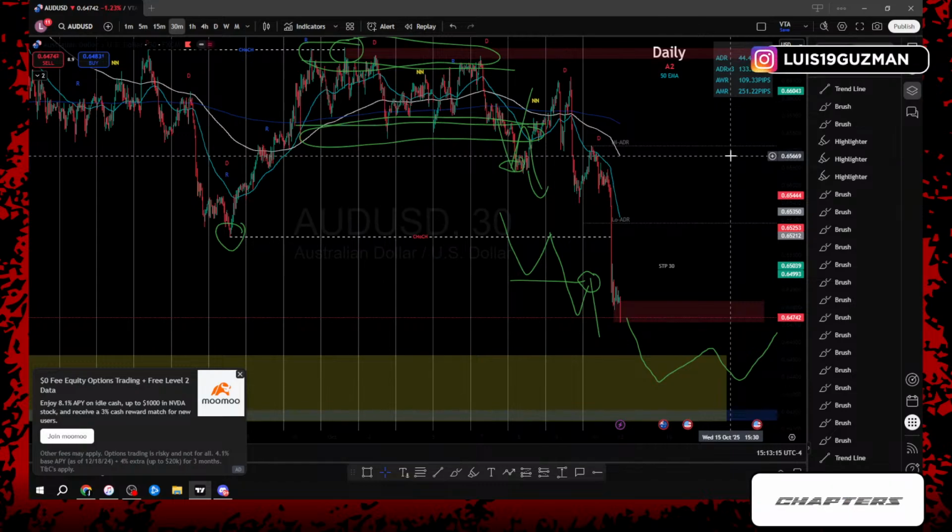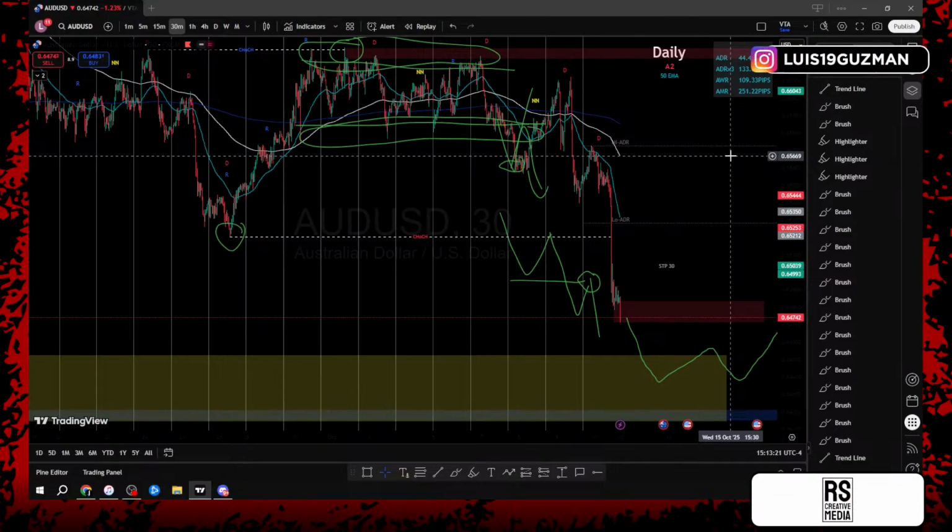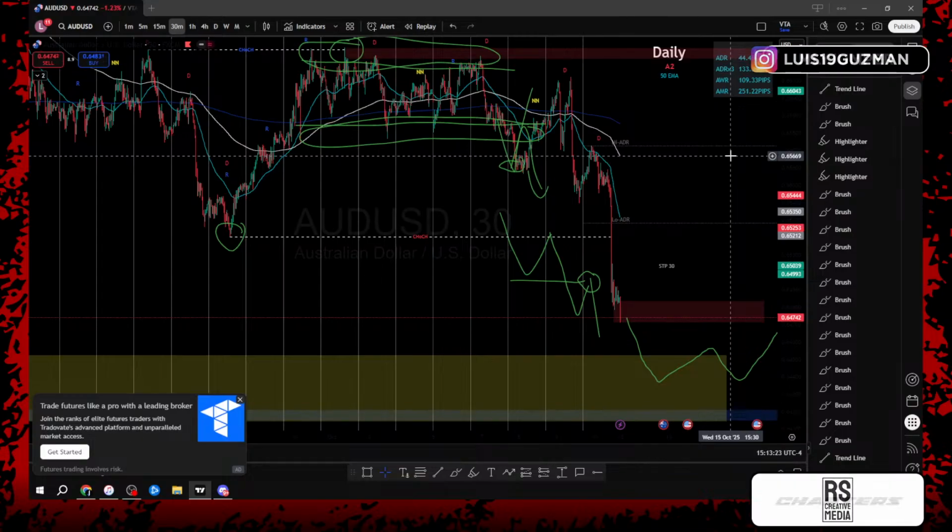And again, every single pair is treated and traded the exact same way. The only difference, some of them are uptrending, some of them are downtrending, some of them are even just in a range, consolidating. That's the only difference. But the technicalities of everything, looking for the change of character, looking for the break, looking to take trades with the trend, looking for engulfing candles, looking for inducements, looking for continuations, it's all the same thing on every single pair.